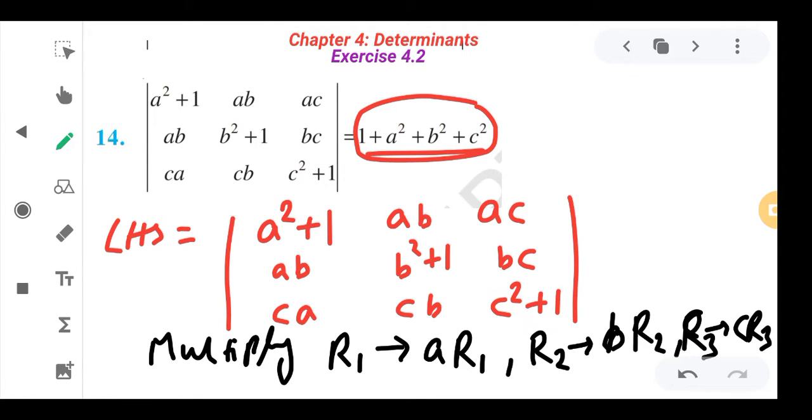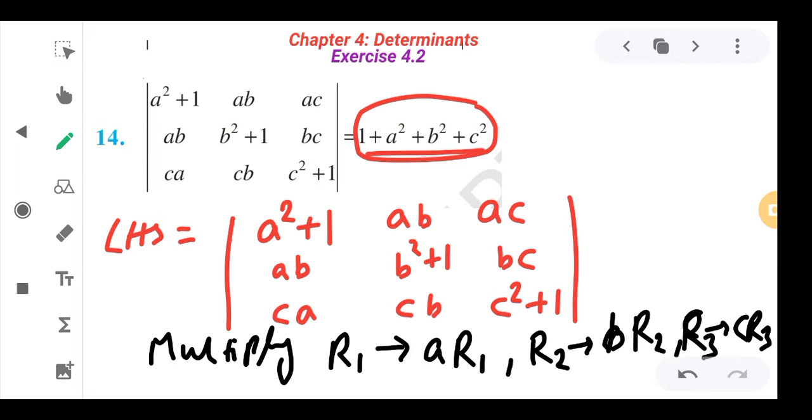I am going to perform this operation. So if I perform this operation, what will happen to LHS? If I multiply row 1 with a, then I need to divide to make that balance. So what will happen? 1 upon abc, just observe.